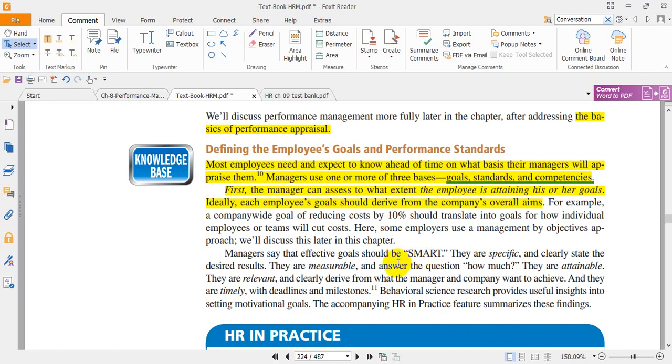I think we explained more about SMART goals in other courses. So the goal must be SMART, and goals are one basis that managers can use to appraise their employees.